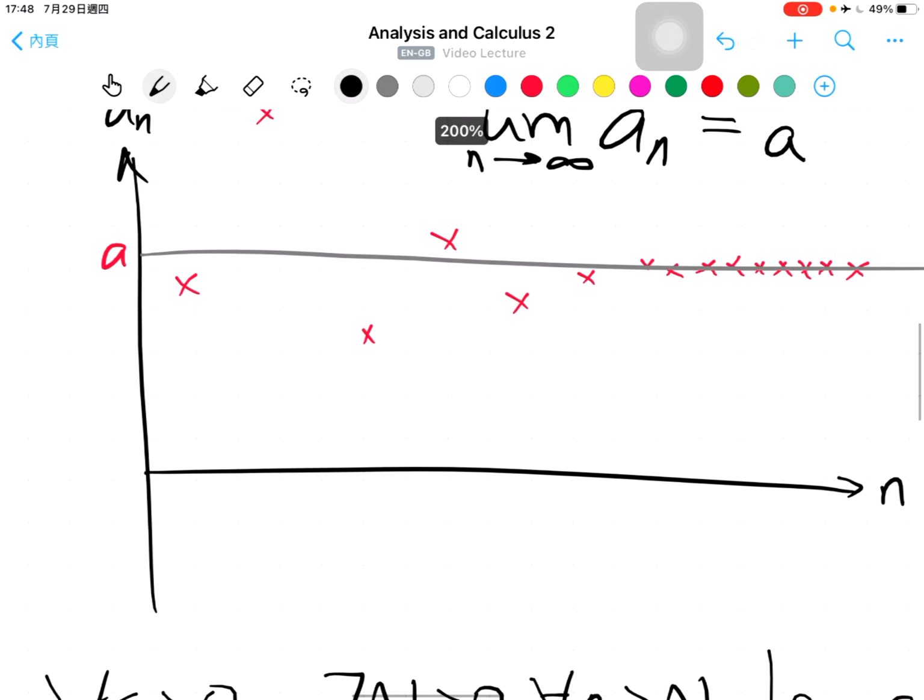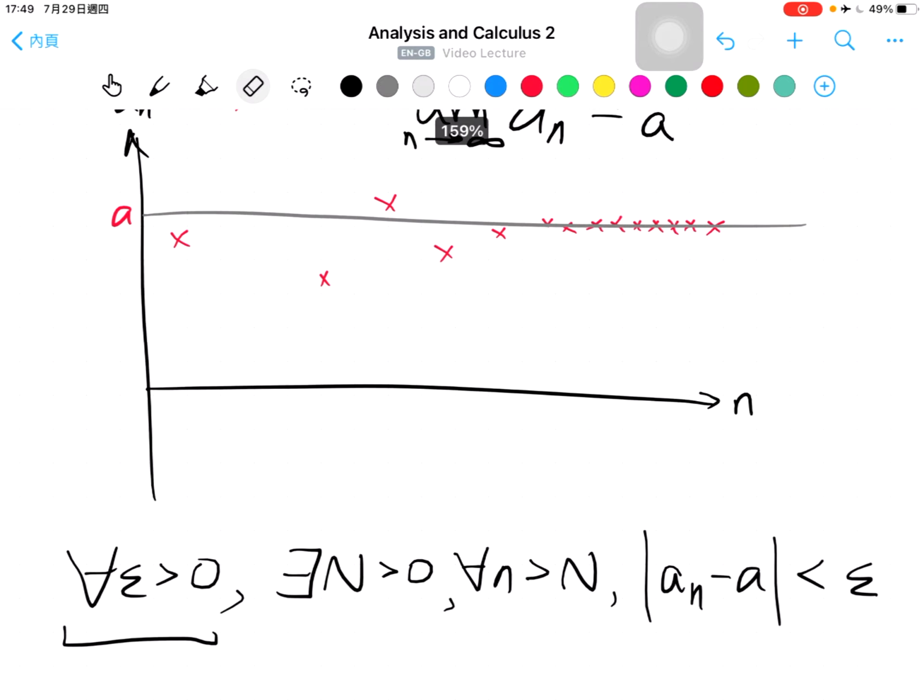Probably for this term, the deviation would be this distance. Let's say this is epsilon 1. Then we say this term is a3. a3 is at a distance epsilon 1 from the limit a, right?